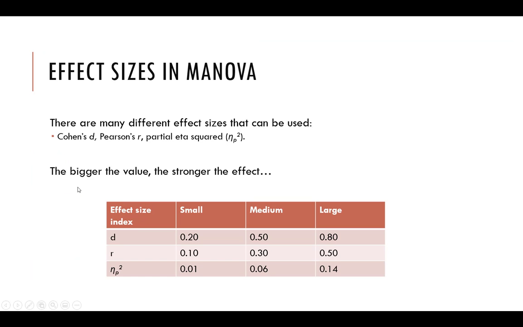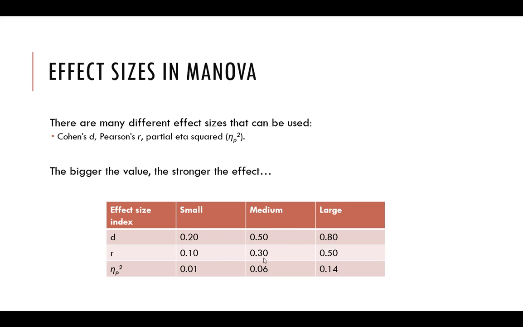If we go back to the MANOVA slides, we have a table of effect sizes. What we'd want to look at is whether that correlation represents a small, medium or large sized effect. These, for r, Pearson's correlation coefficient, are based on Cohen's rough guidelines for small, medium and large sized effects.